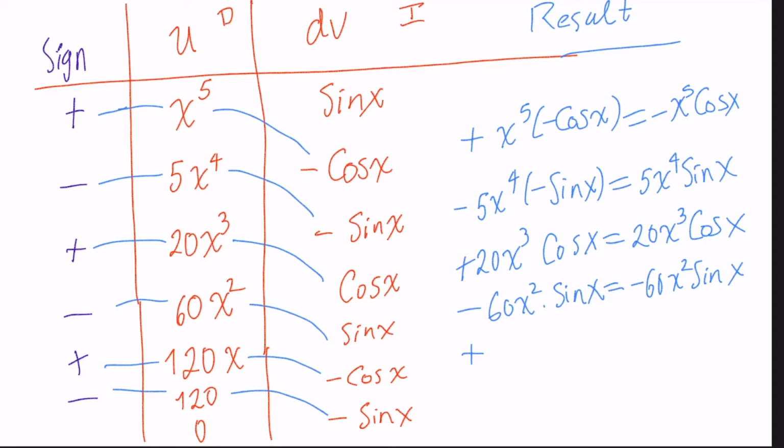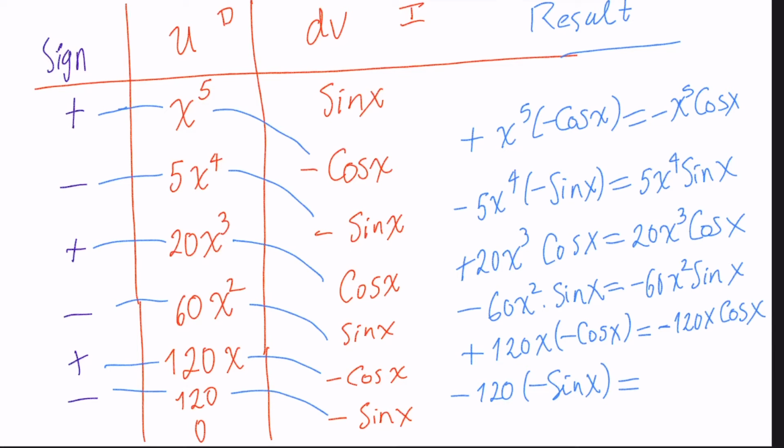Here is plus 120x times minus cosine of x, which is minus 120x cosine of x, and here minus 120 multiplied by minus sine of x is 120 sine of x.